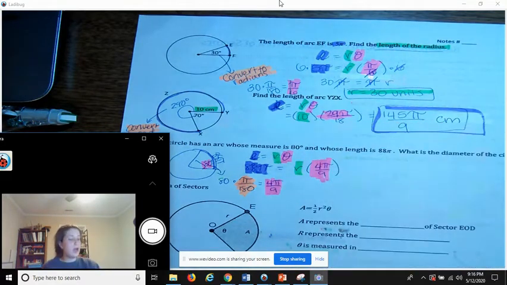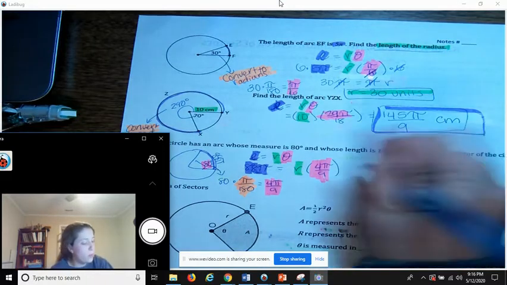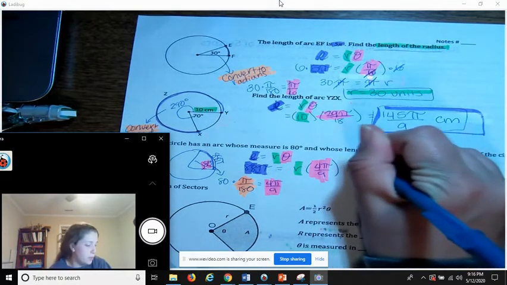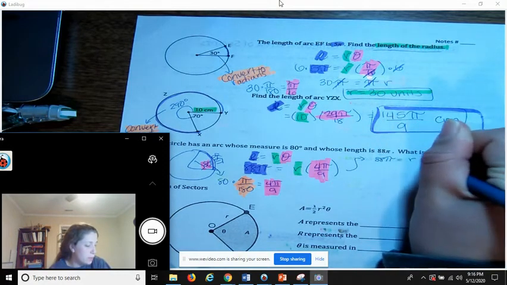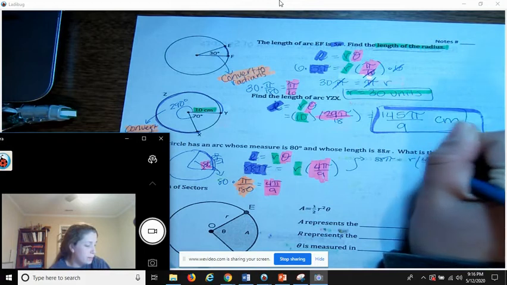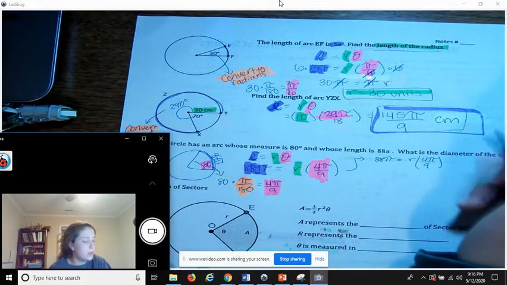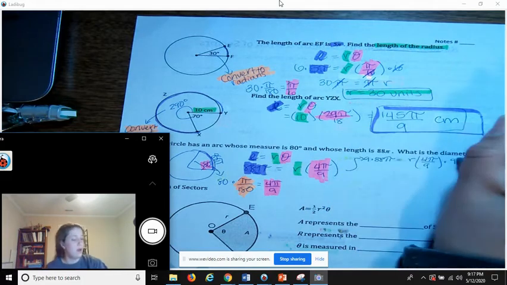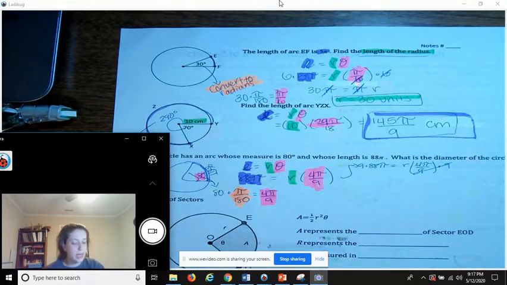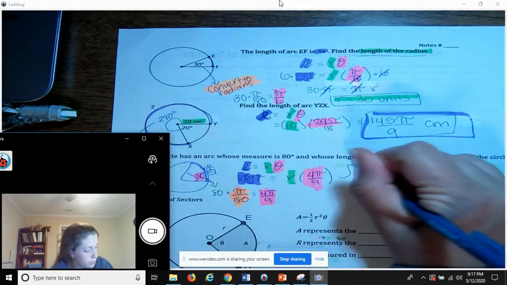Now we have to do a little bit of algebra. So I'm going to come over here and rewrite it. 88 pi equals r times 4 pi over 9. First I would multiply by 9 on both sides. 9 times 88 is 792.